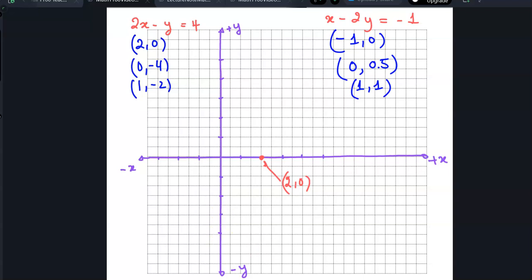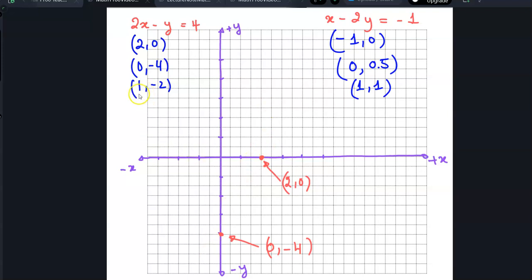So this is my 0 and negative 4. Don't forget that, okay? So those are the x-intercept and the y-intercept of this equation, 2x minus y equal to 4. So let's say you never did that 1 and negative 2, but then you connect this 2, okay?